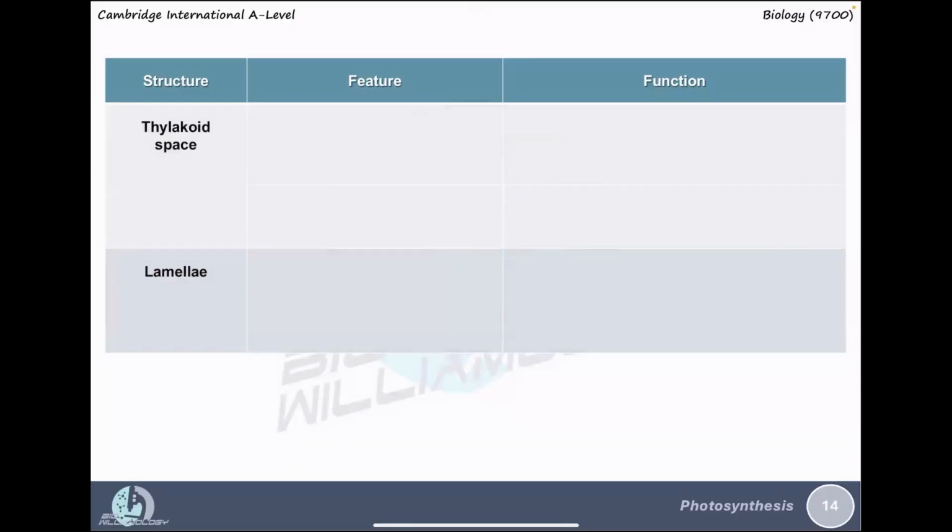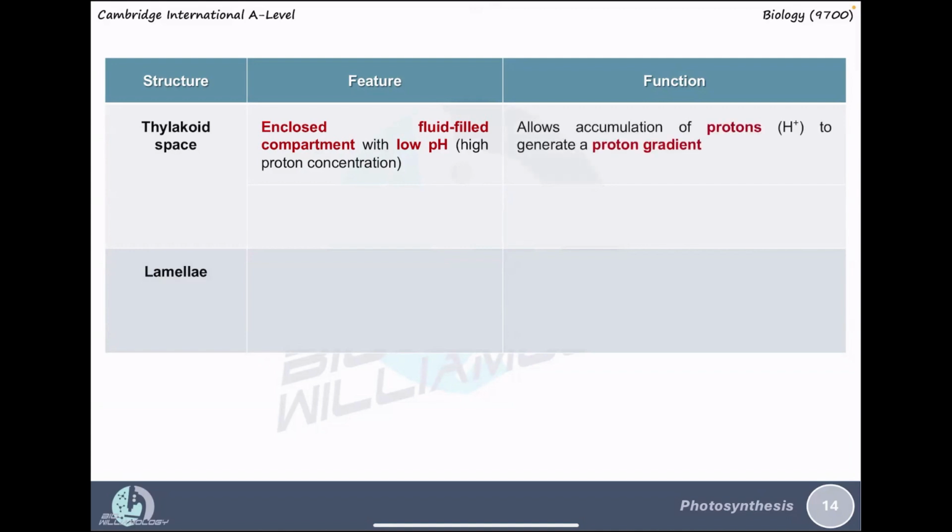Next, thylakoid space. It is an enclosed fluid-filled compartment with low pH or high proton concentration. So this thylakoid space allows accumulation of protons to generate a steep proton concentration gradient between the chloroplast stroma and the thylakoid space.